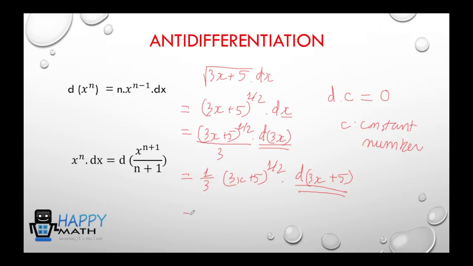Okay, and now apply this formula. You will get that when the outside function becomes the inside function, you get the derivative of 3x plus 5, and the power number is 1 over 2 plus 1, which means 3 over 2, and it has to be divided by the same number. Dividing by 3 over 2 means you have to times with 2 over 3, like this.